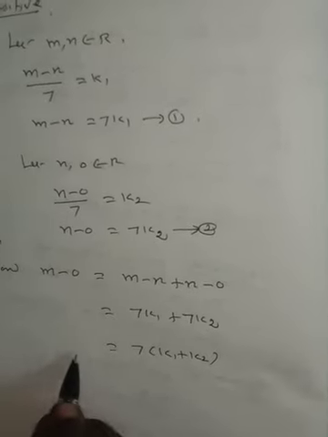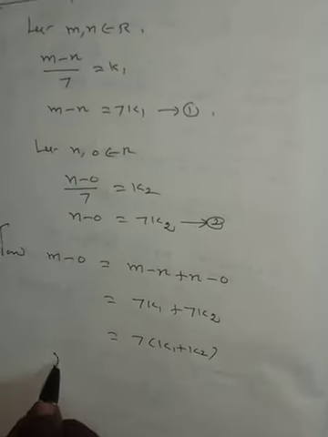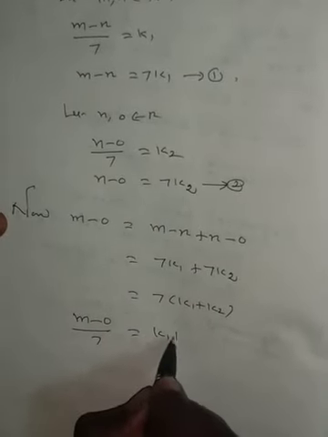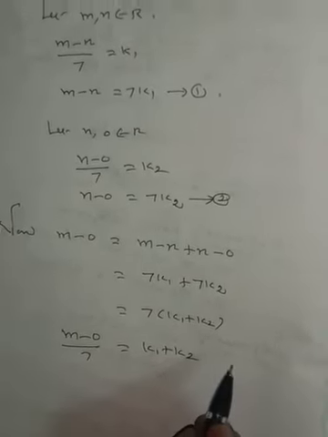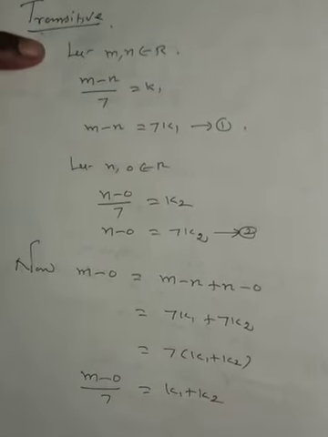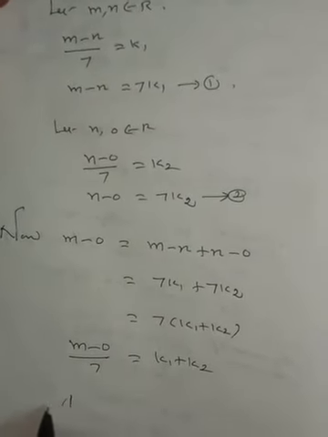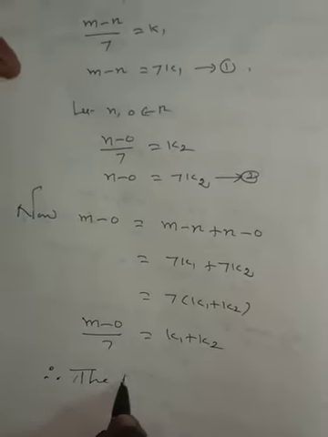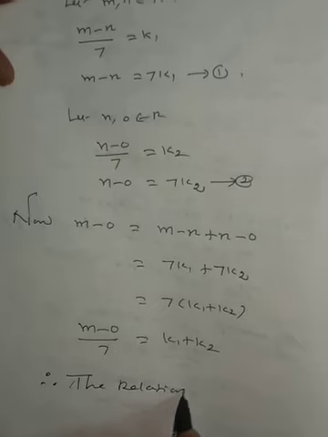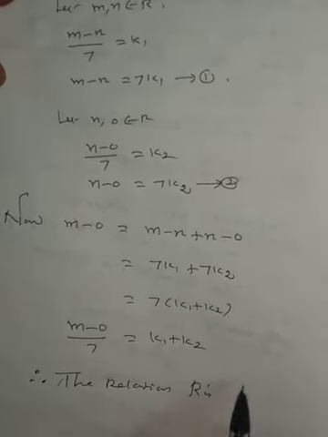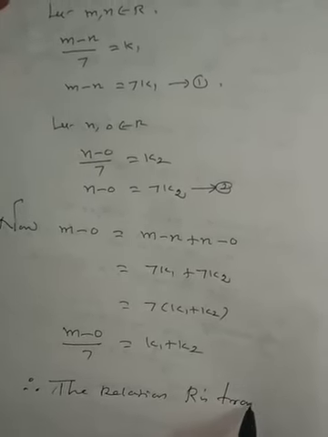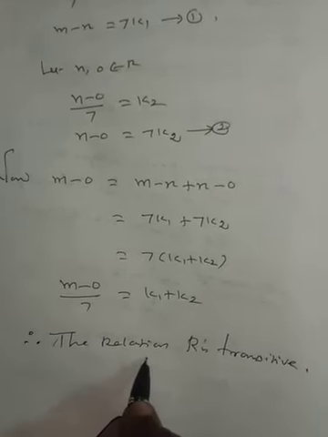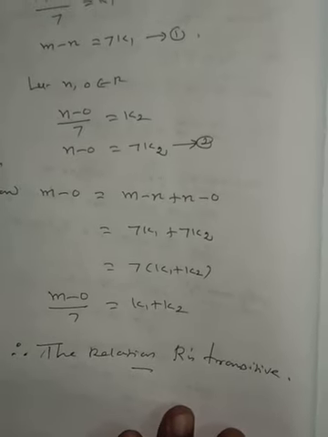In this case m minus o divided by 7 is equal to k1 plus k2. So R is transitive. Therefore the relation R is transitive.